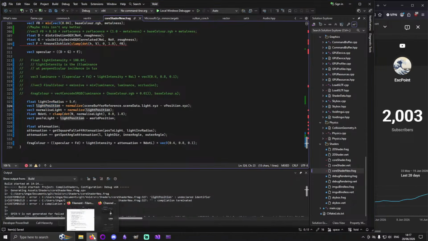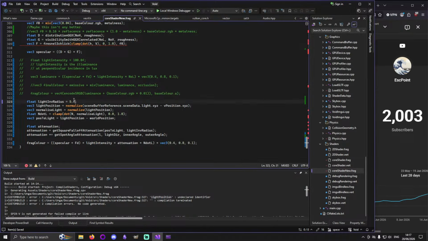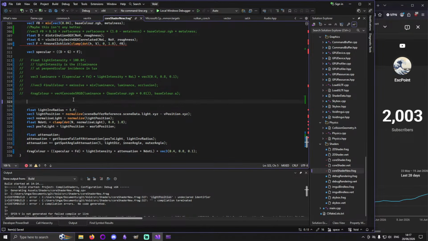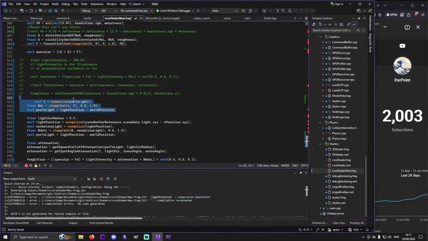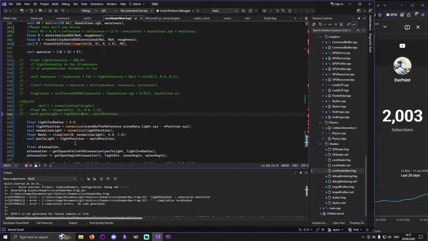Sorry, let me... light position. Let's comment, paste this in so I can just refer to it. Obviously it's going to be commented out. Delete. It's going to write that there so I don't think it's anything useful. Light normalize.